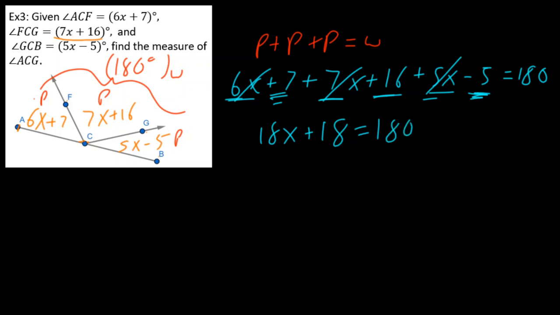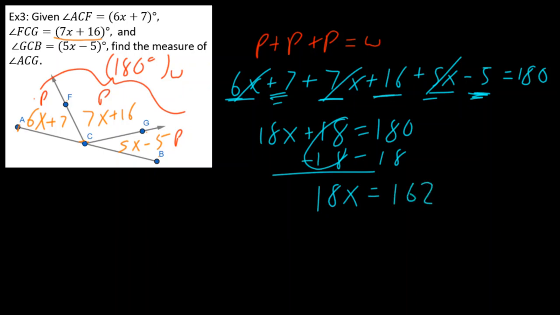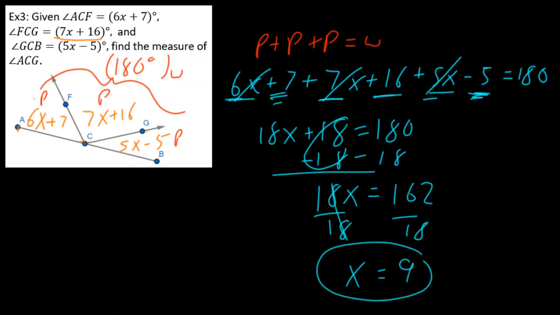And this is, of course, equal to 180. Now from here, of course, we're going to subtract 18 from both sides. And now we have 18x is equal to 180 minus 18, which will be 162. Now from here, of course, we're going to divide both sides by 18, and I know that 162 divided by 18 should be 9.